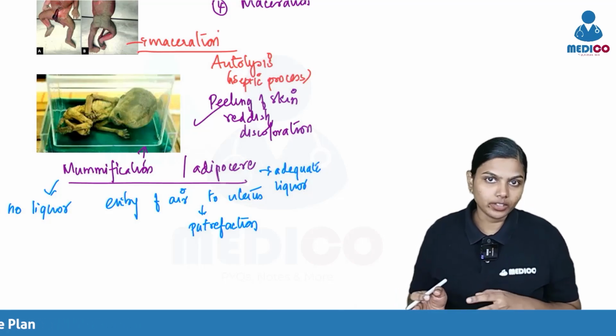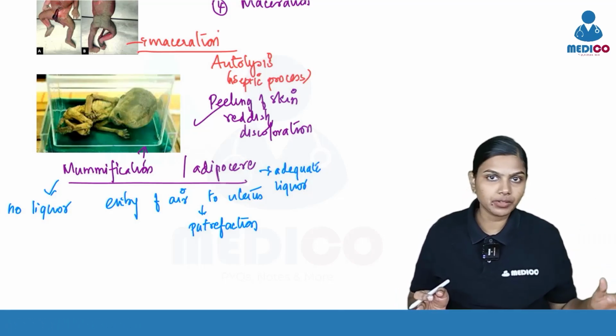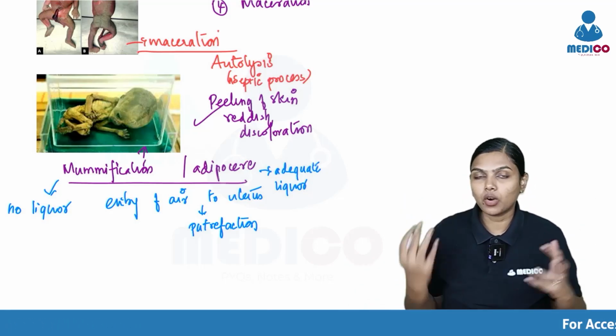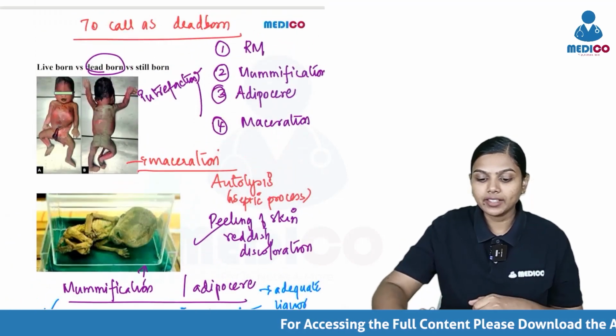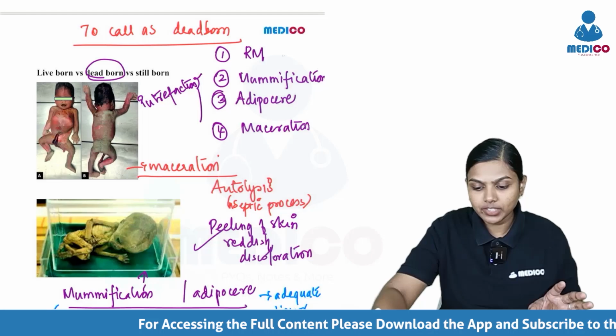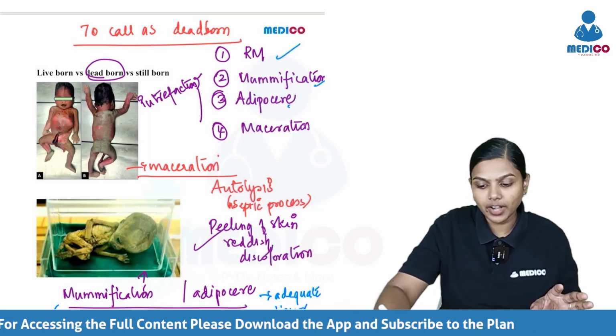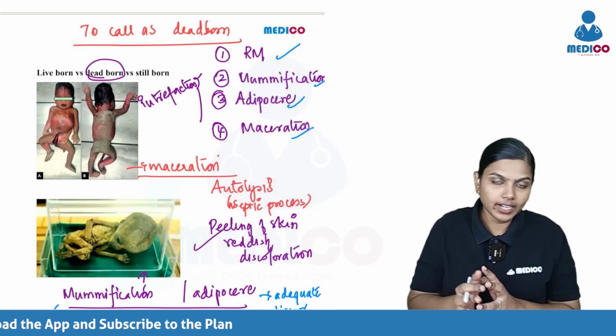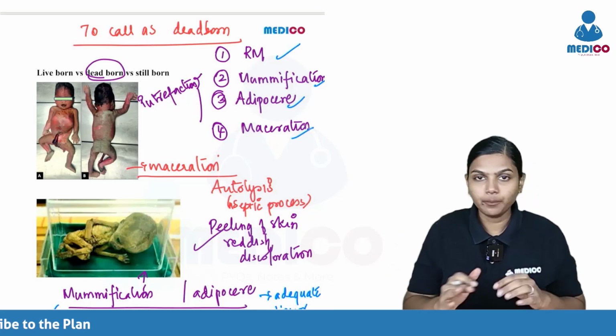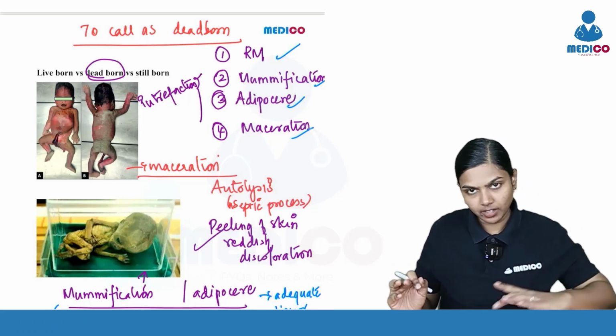Like I already told, if there is no water, it will be mummification. If there is presence of water, that is humidity, you will get adipocere. So if you see either rigor, mummification, adipocere or maceration, you can call it a case of deadborn. Clear? No issue with the deadborn, we can easily find out.